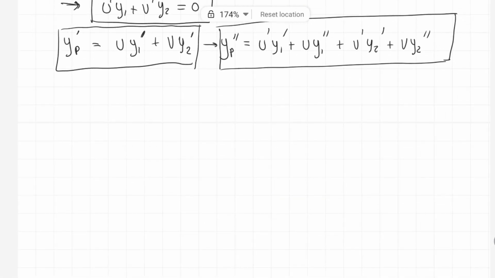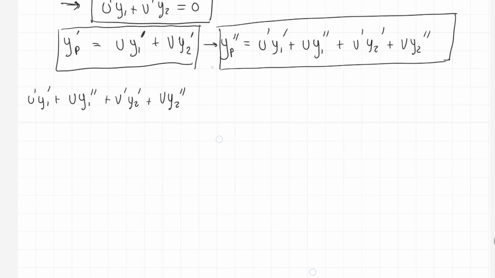If we do that, we get u prime y1 prime plus u times y1 double prime plus v prime y2 prime plus v y2 double prime. That corresponds to yp double prime.